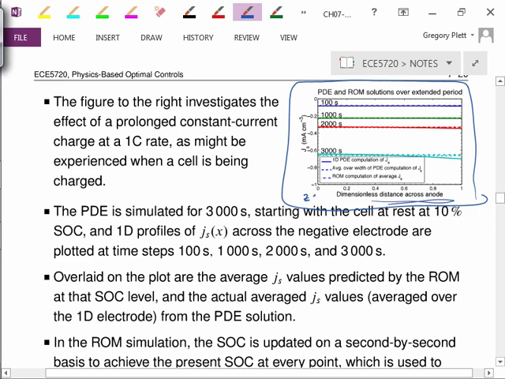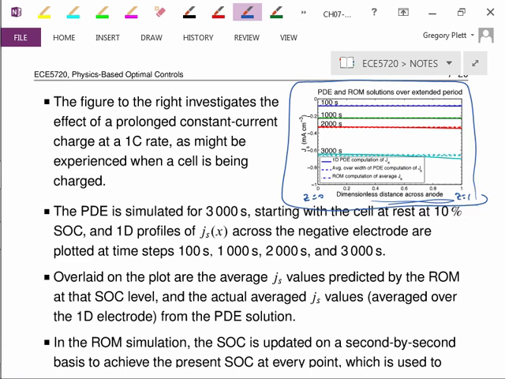So this is z equals 0 and this is z equals 1, if you remember the z coordinate system. And the PDE result is solid. The average of the PDE is the dashed line, and the dot-dash line is the reduced order model calculation of the average. And we see that after 100 seconds, they're hard to discern.